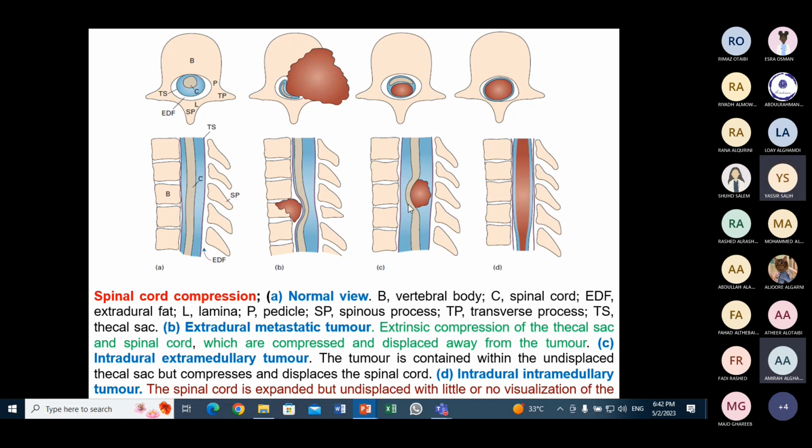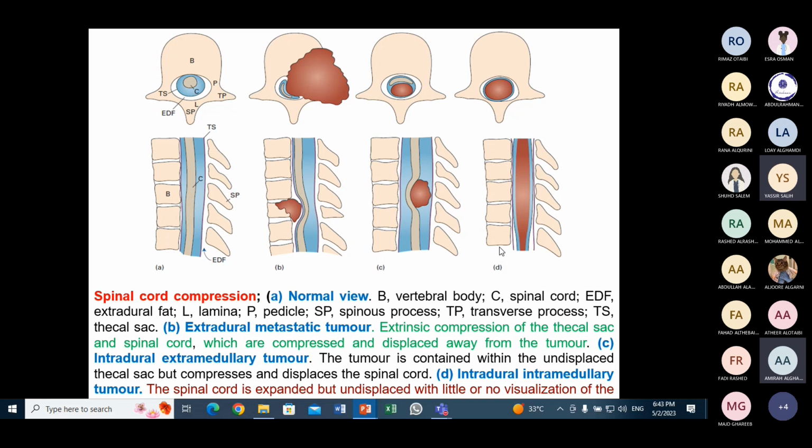So this is intradural extramedullary. The easiest one is intramedullary. Intramedullary is definitely intradural, so it causes expansion of the spinal cord. The spinal cord becomes expanded.